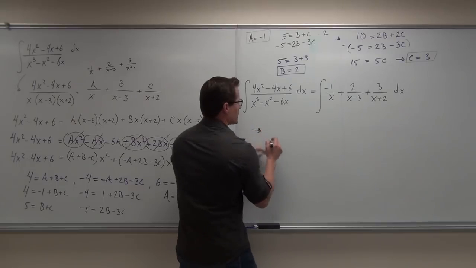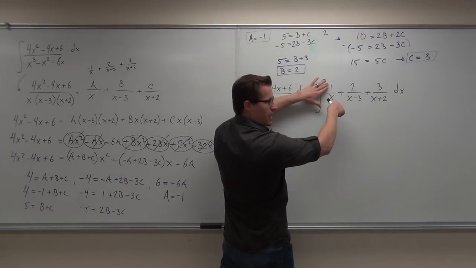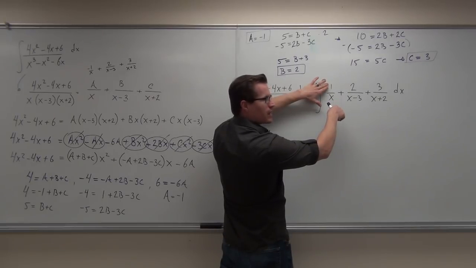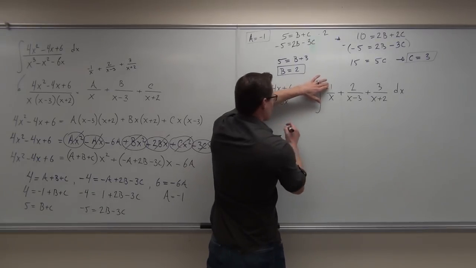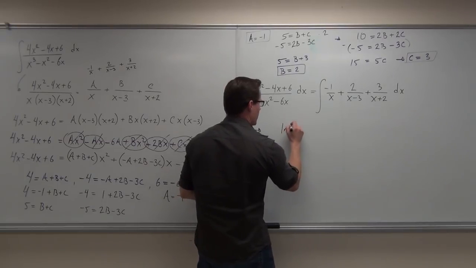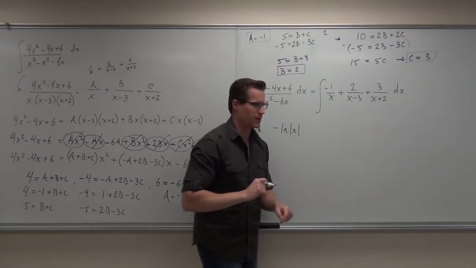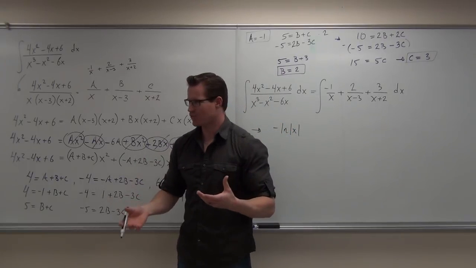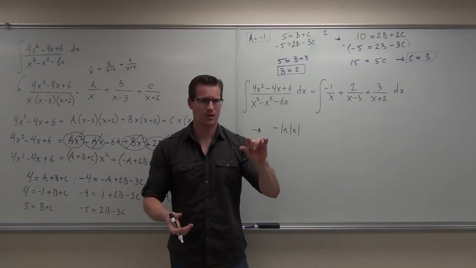How I do this integral: the integral of 1 over x is ln absolute value of x. Remember the absolute value? Since it's negative, we just have a negative out front. The negative is that constant, it's a negative 1. So if we have a coefficient, the coefficient just stays there. Quick head nod if you're okay with that one.